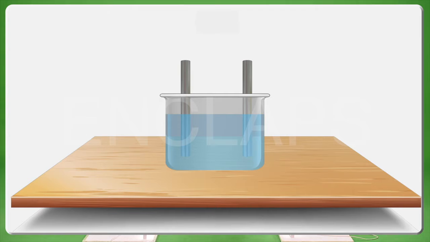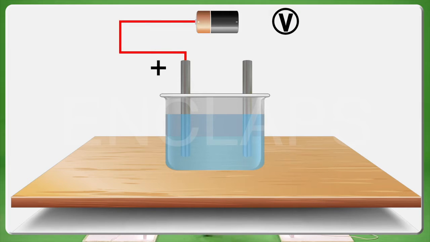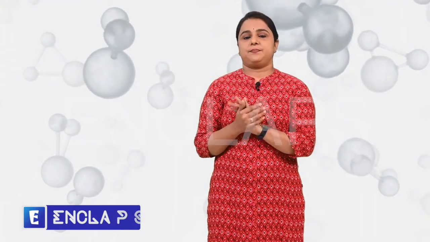During electrolysis, one electrode should be connected to the positive terminal of the battery and the next to the negative terminal. This arrangement is called the electrolytic cell.